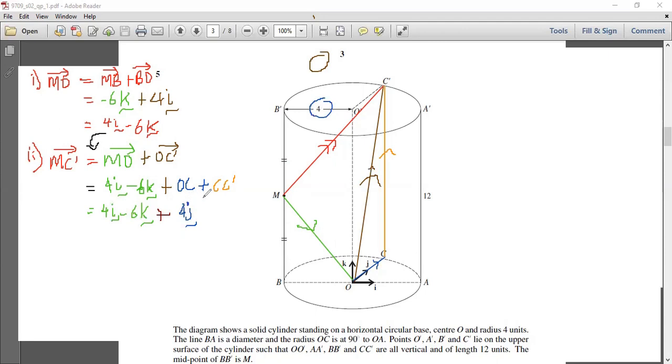So that's how we know it's plus 4j. And then the C prime part, vertically upward, so how do we compute that? In terms of magnitude, the distance, this entire height for the orange line is 12 units. So the vector's magnitude is 12, and the direction is upward, so it's positive towards the k. Can you see the parallel line, k upward is positive. That's why here is plus 12k.